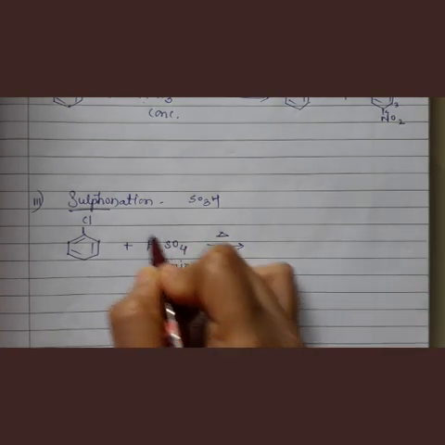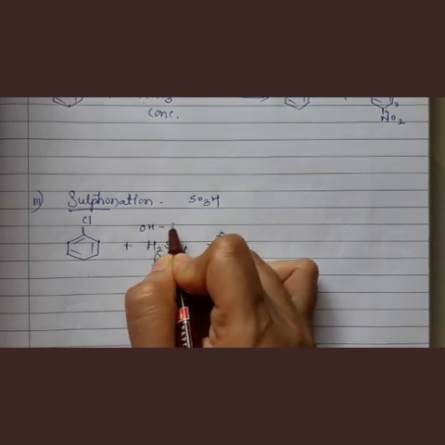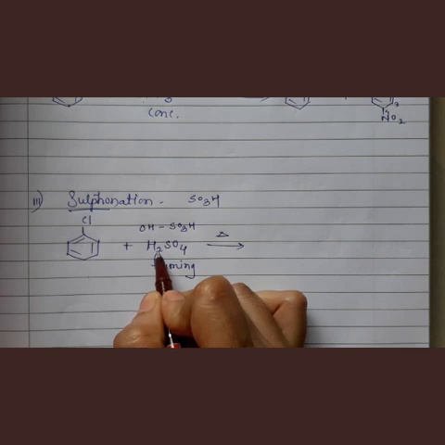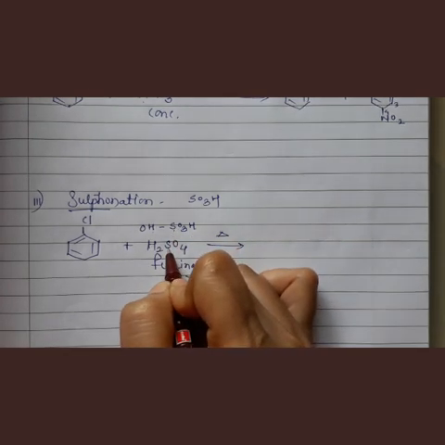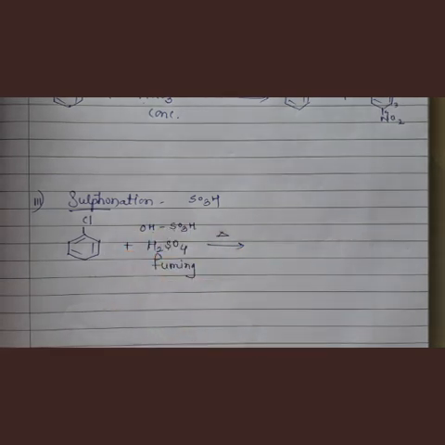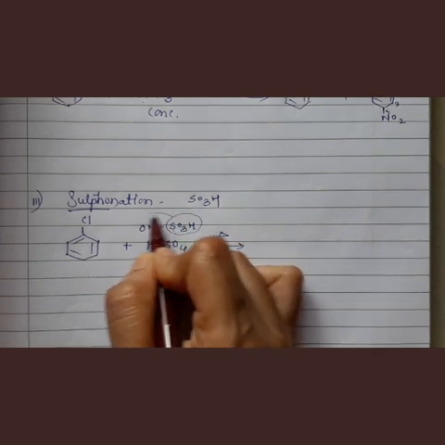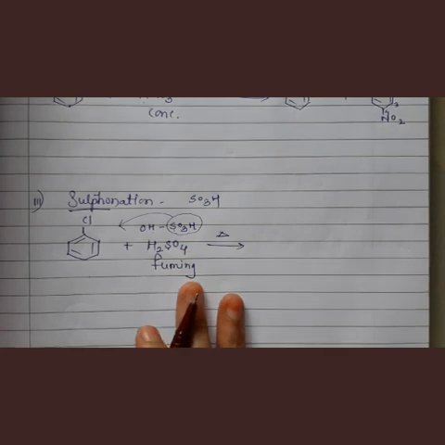This H2SO4 can be written as OHSO3H. Okay, see, two hydrogens are there, one sulfur, oxygen are 4, 3 plus 1 4. Okay, it can be written in this way also, because we have to show the attack of this group on benzene ring. Okay, so for your understanding purpose I have written in this way.